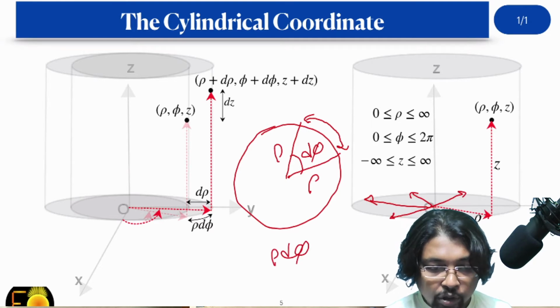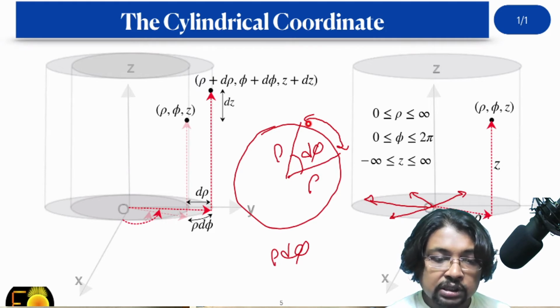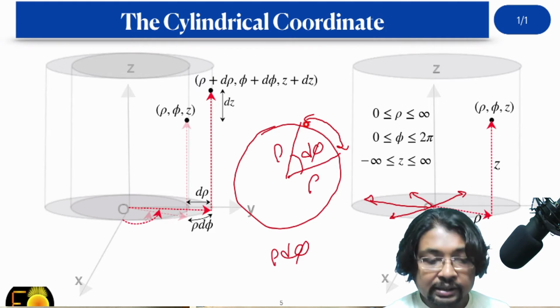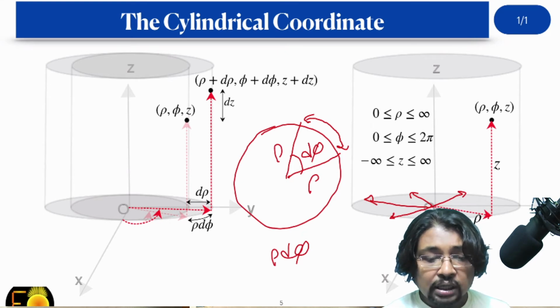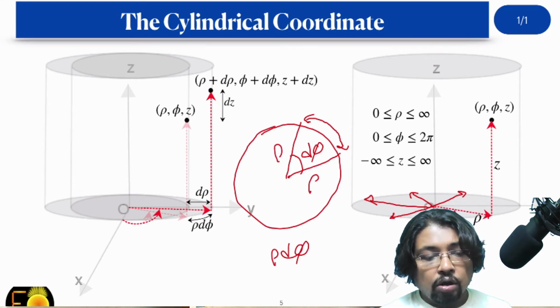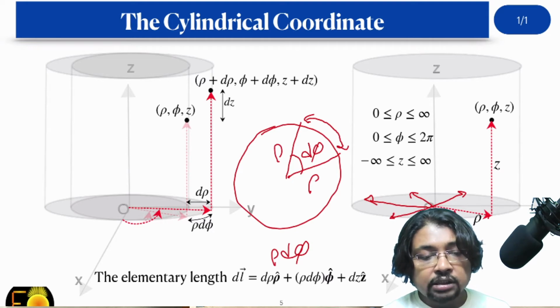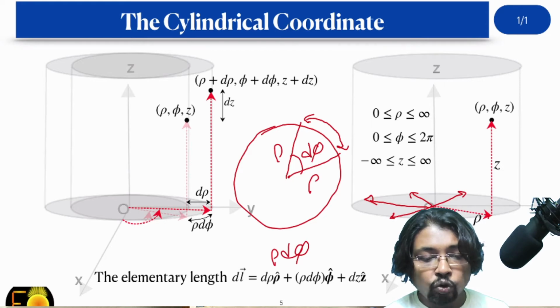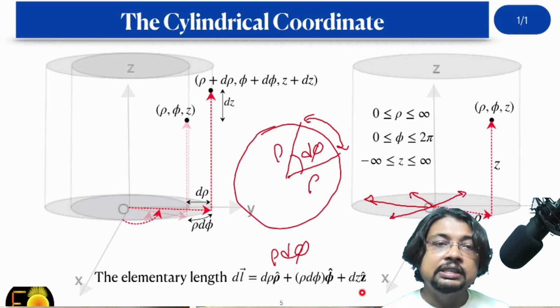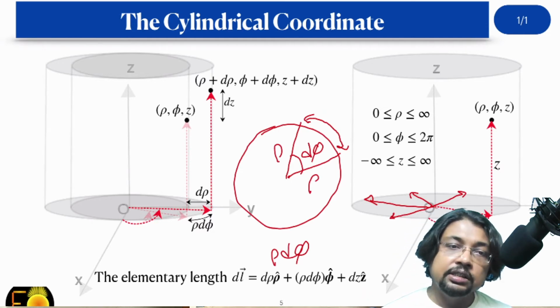When you move to reach the second point, you are moving over the circumference, traversing this arc, and that arc is rho times d phi. That's why the differential length for the cylindrical coordinate system is d rho along the rho direction, rho times d phi along the phi direction, and just dz along the z direction.